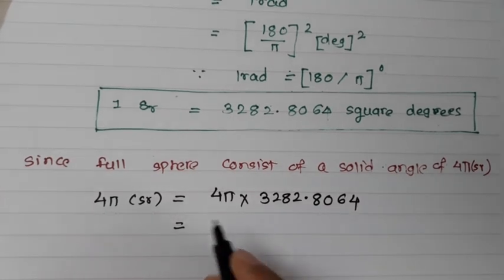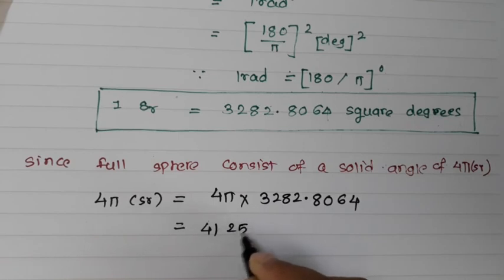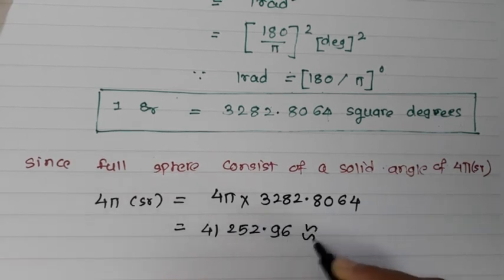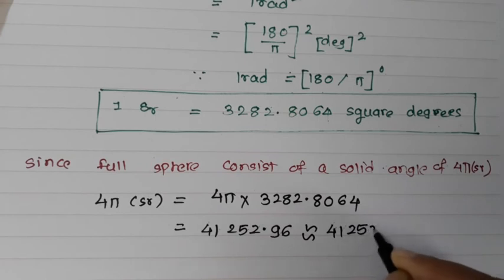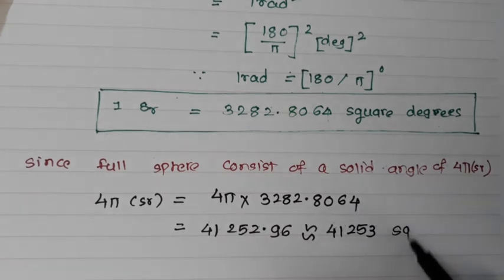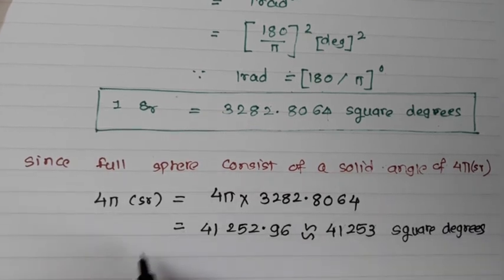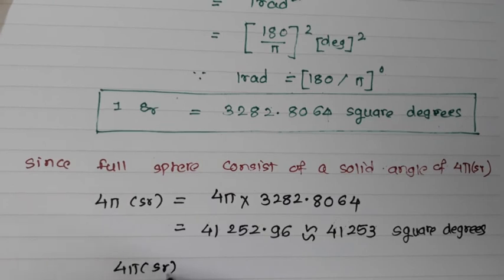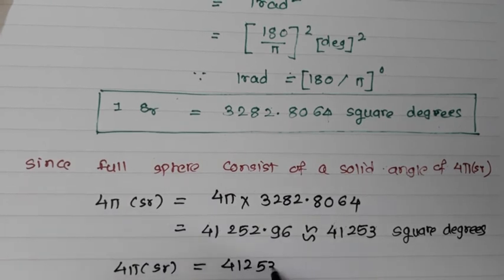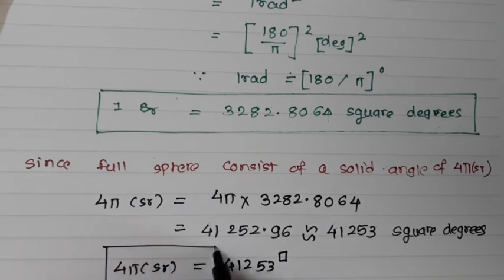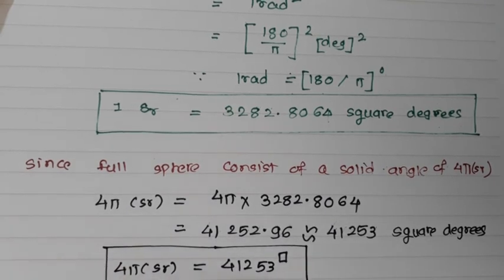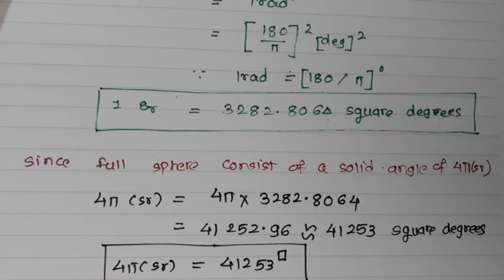So 4 pi steradian gives me 41,253 square degrees. So I can write that 4 pi steradian is equal to 41253 square degrees. This symbol indicates the square degree, the position of a degree, and it can be said as a square degree.